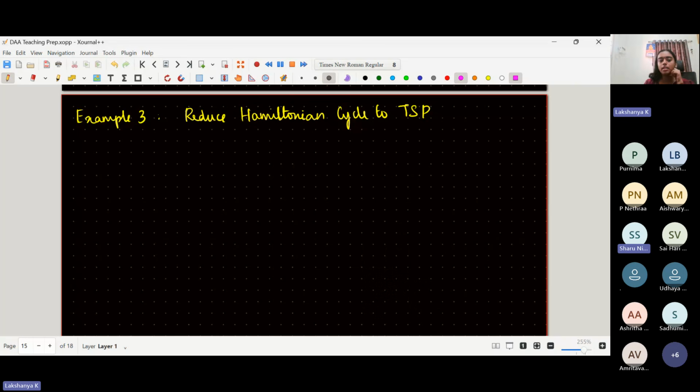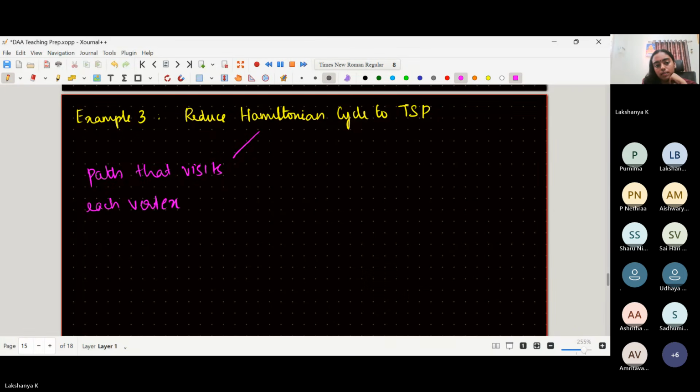So the next thing is going to be reduce Hamiltonian cycle to traveling salesman problem. So Hamiltonian cycle is you have a graph. You want to find a path that visits each vertex exactly once, and finally you have to return back to wherever you started from.